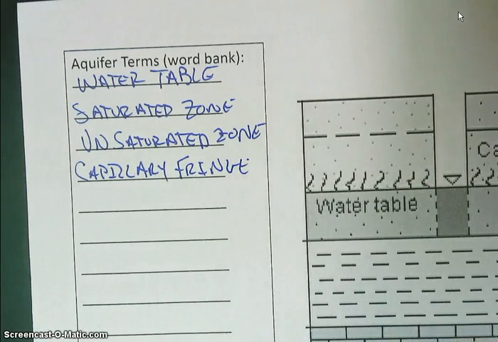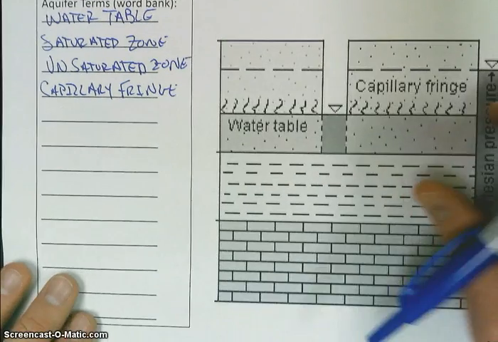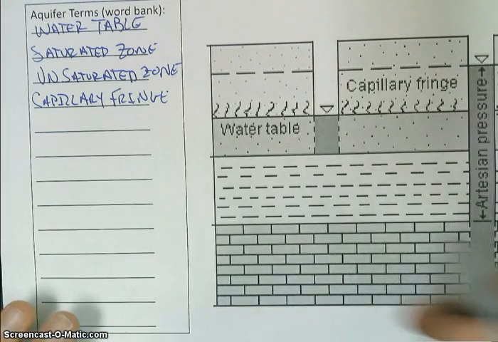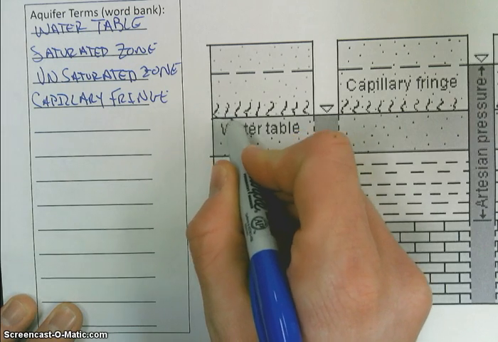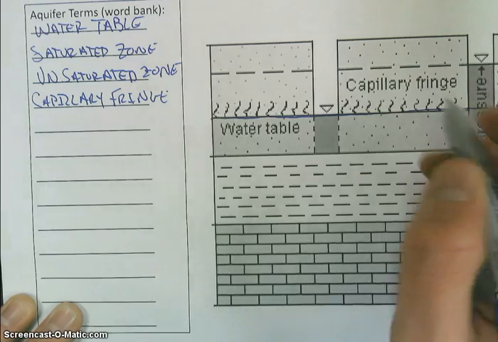Just to show you what these are, I'm going to label it on this sheet that you guys have as well. Water table is actually already labeled for you. That's the line that separates the saturated zone from the unsaturated zone.